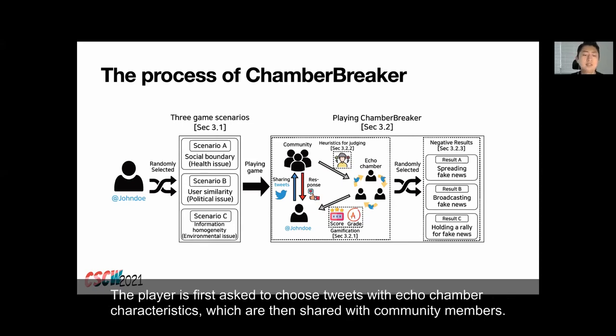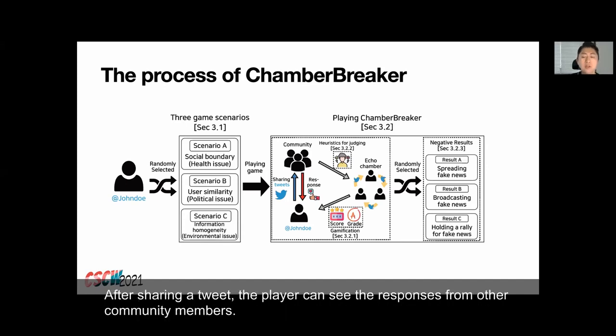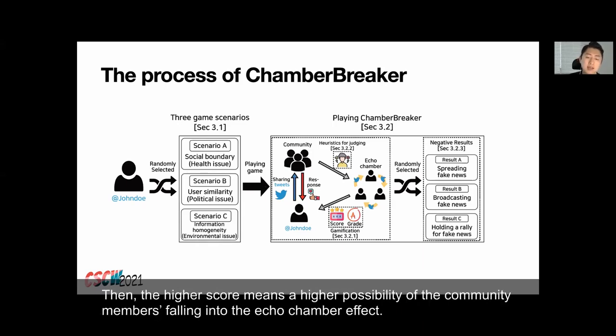The player is first asked to choose tweets with echo chamber characteristics, which are then shared with community members. After sharing a tweet, the player can see the responses from the other community members. Then the higher score means a higher possibility of community members falling into the echo chamber effect.